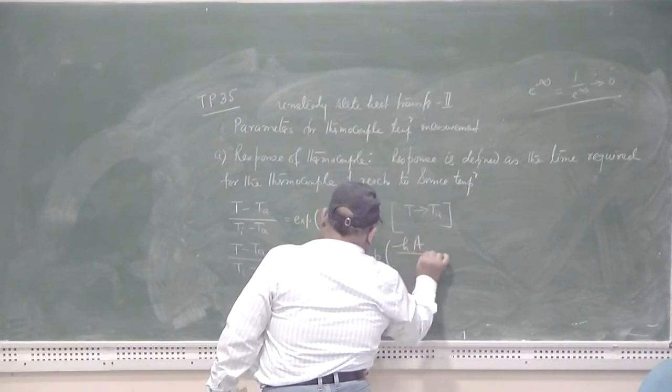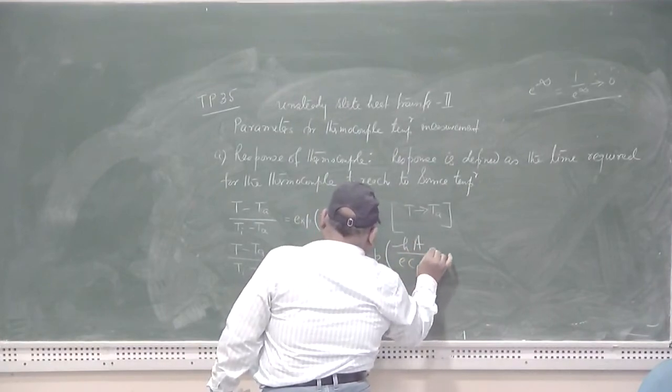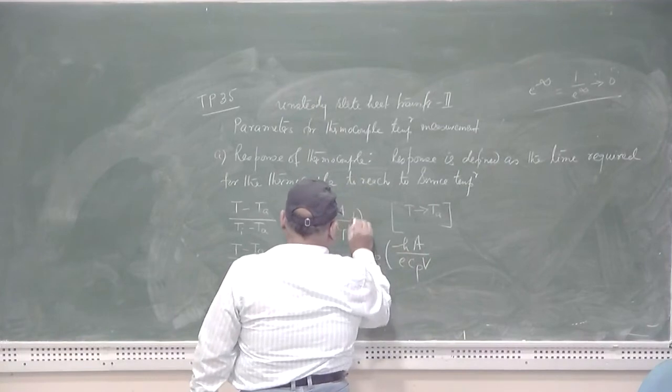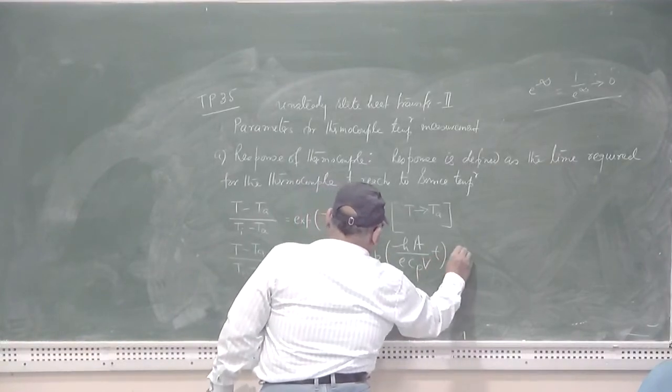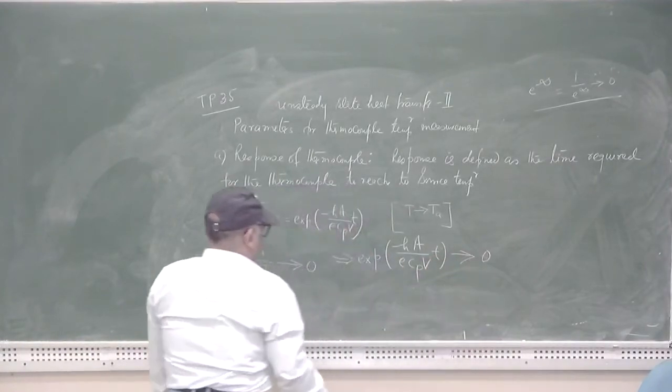Minus hA divided by rho Cpv into T, that must tend towards 0.